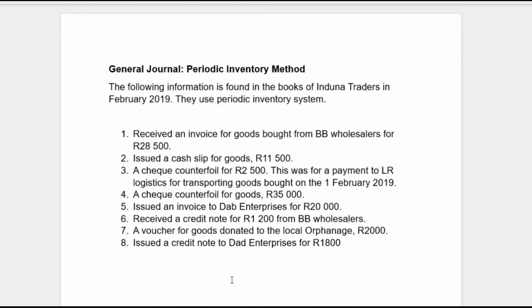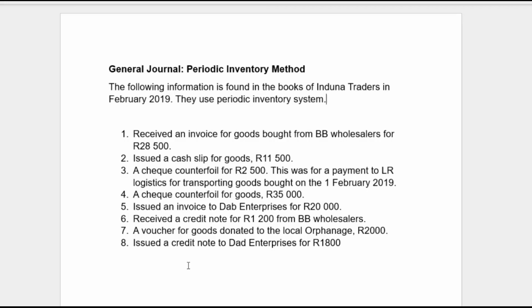Transaction number 4 says a check counterfoil for goods 35,000. Here it indicates that you also purchased goods and you made a payment in the form of a check, right? Whenever you purchase goods like this using a check payment, 2 accounts are affected.